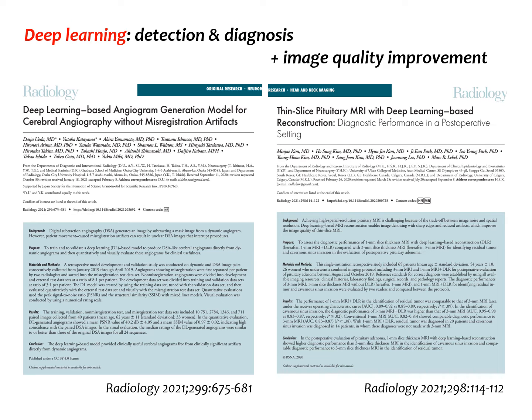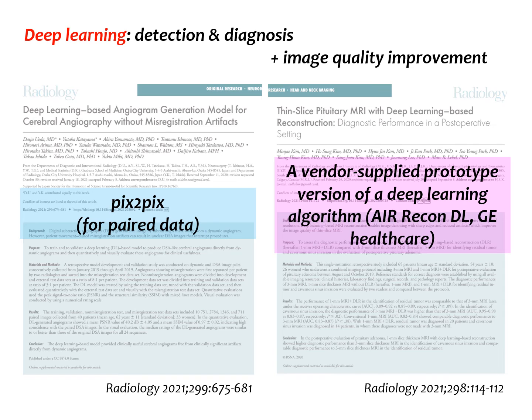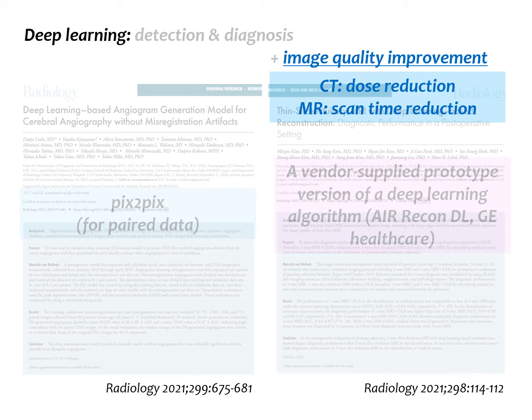Recently, the role of deep learning in medical imaging is expanding from detection and diagnosis to improving the image quality. Last year, two studies regarding image quality improvement were published in Radiology. Image quality improvement is important in terms of dose reduction in CT and scan time reduction in MRI.